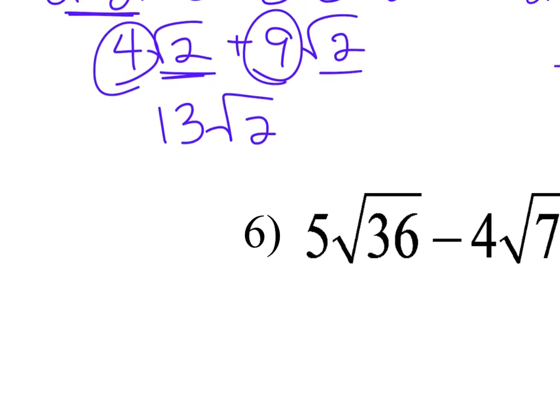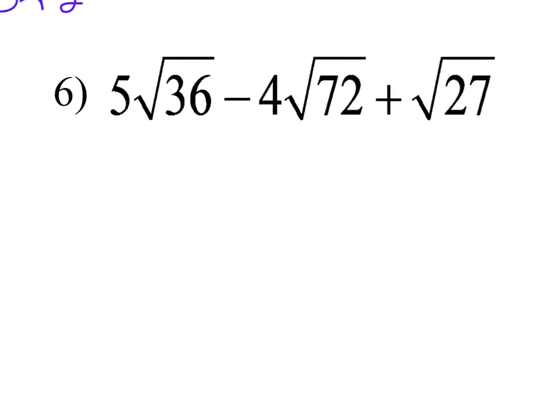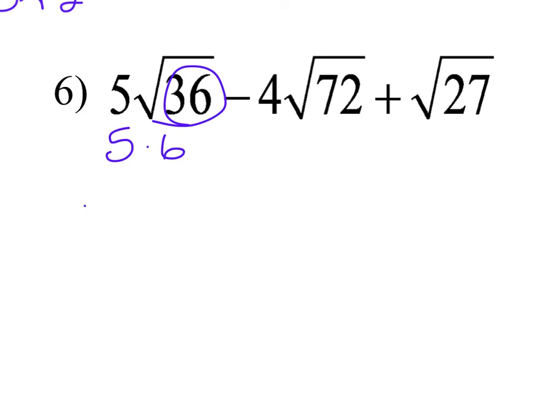All right, 6. I think this is the last one. Okay, this is an interesting one. All right, so hopefully you realize that 36 is in our list. If you have your list out, it's in the list. So this is just 5 times 6, or 30. Now we do this. We've done 72. This is the third time we've done 72 now.